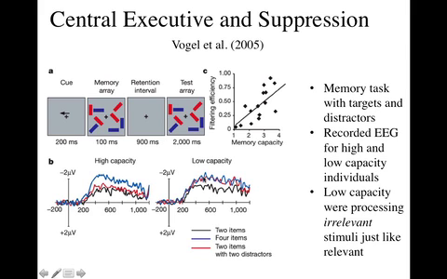Whereas lower capacity individuals, if there were 4 items on the screen, even if they didn't have to remember all of them, their short-term memory was working just as hard. And that suggested that they're, in a sense, processing irrelevant information in short-term memory.